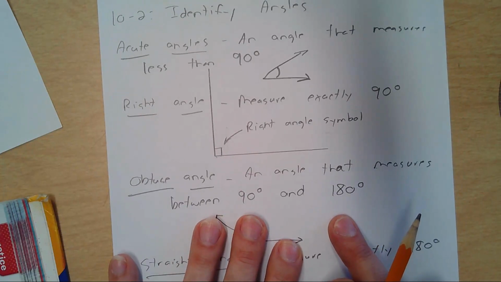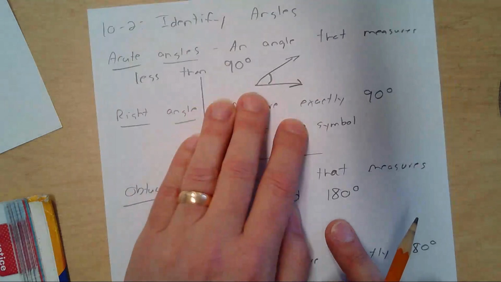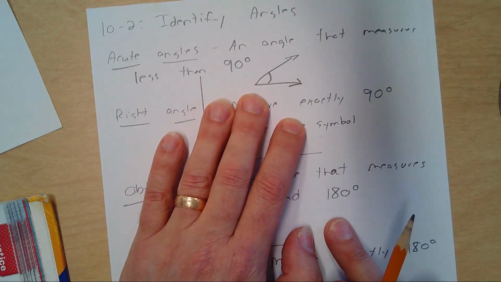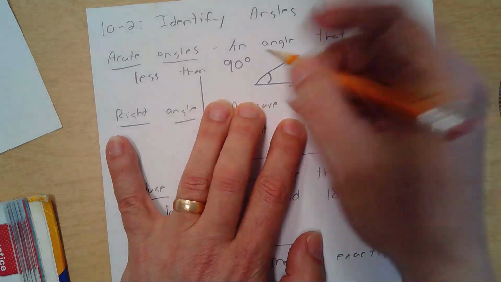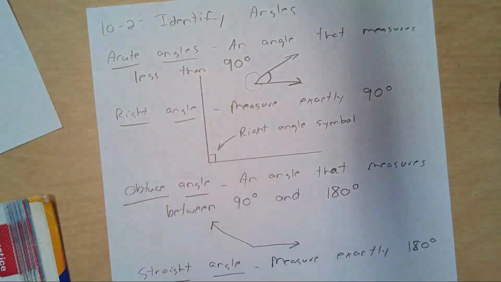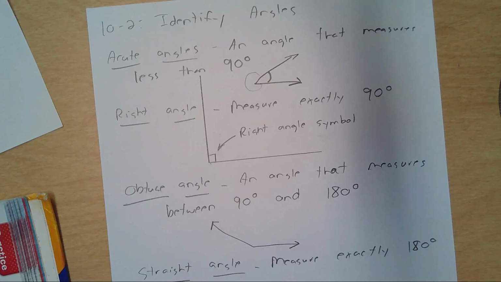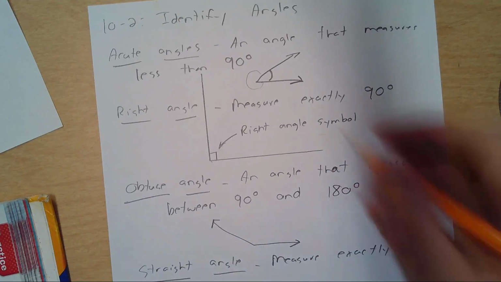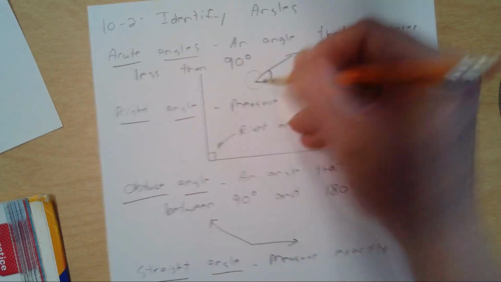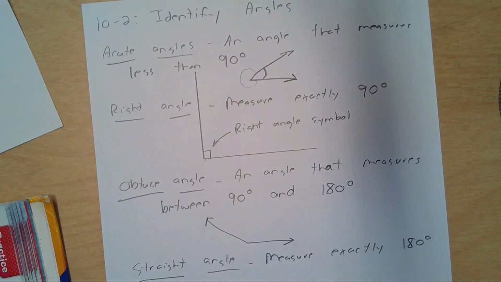To find the measurement of a reflex angle, you would figure the measurement of this angle, say it's 40 degrees, and then you would just subtract that from 360. 360 minus 40 means this would be a 320-degree angle. So basically you can calculate angle degrees up to 360.